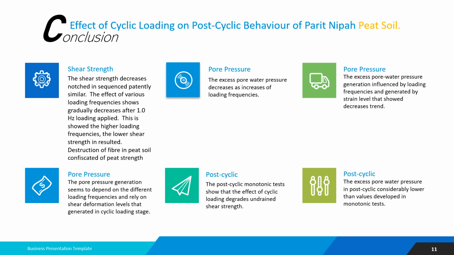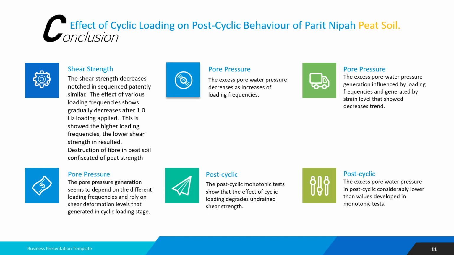Number 3, the excess pore water pressure generation is influenced by loading frequencies and generated by strain level that showed decreasing strain. And number 4, the pore pressure generation seems to be dependent on the different loading frequencies and relies on shear deformation levels generated in the cyclic loading stage.